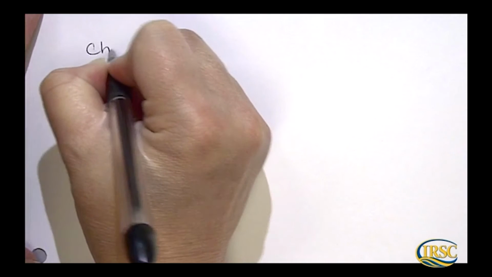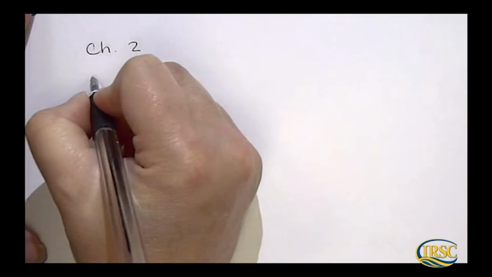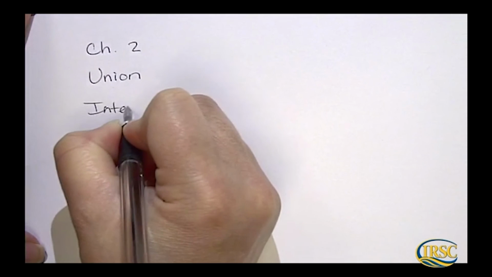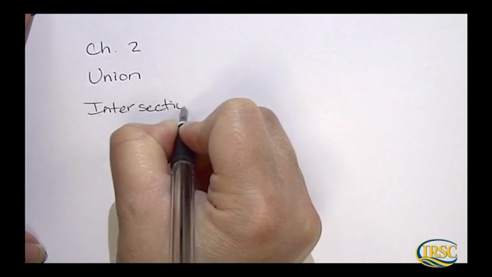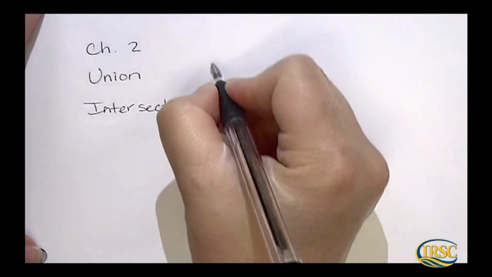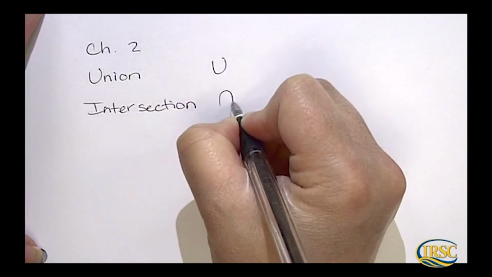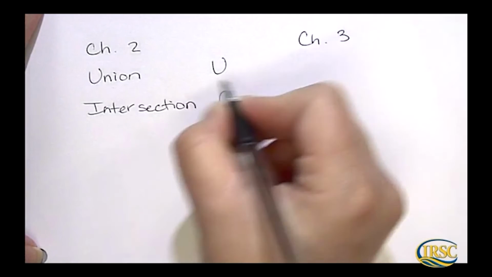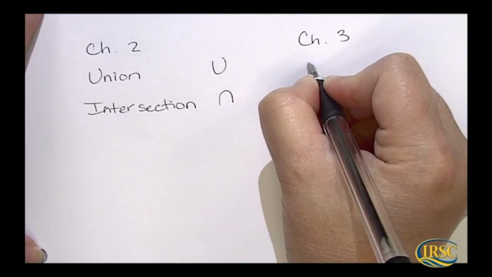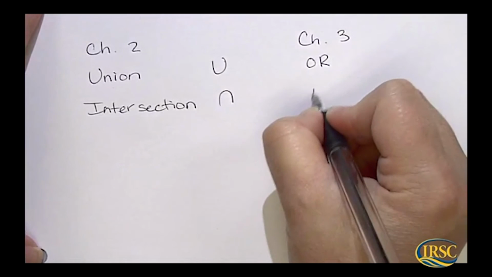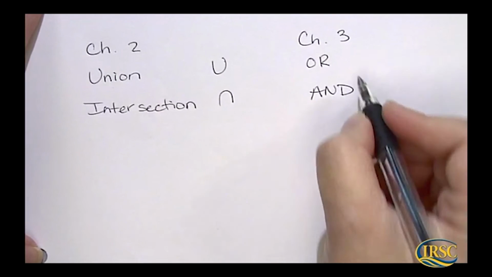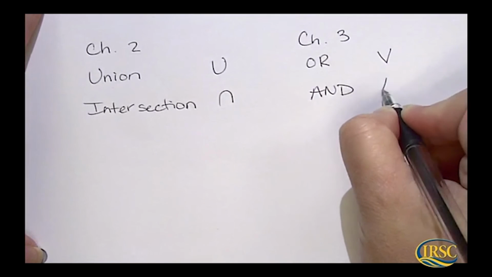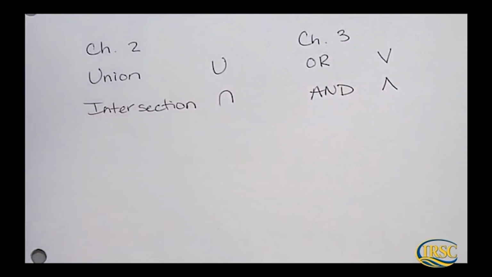So if you look at Chapter 2, you had union and intersection, and the symbols were a U or an upside down U. So then for Chapter 3, union was the same as the word or, and intersection was the same as the word and. And notice that for or, we use a symbol that looks like a V, and for and, we use a symbol that looks like an upside down V.